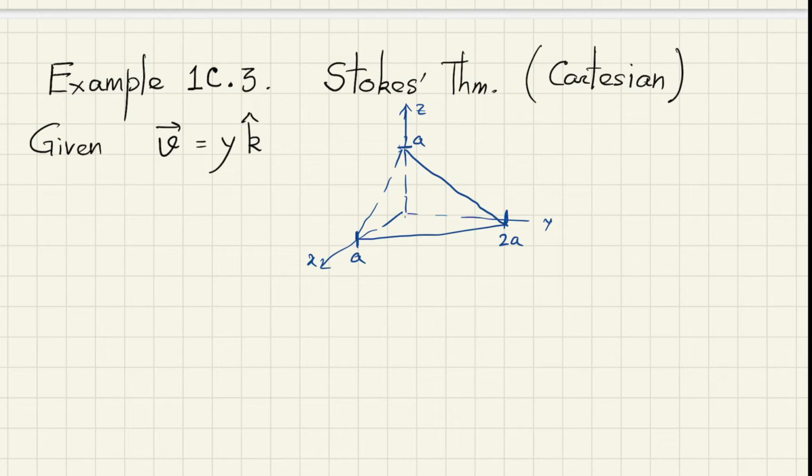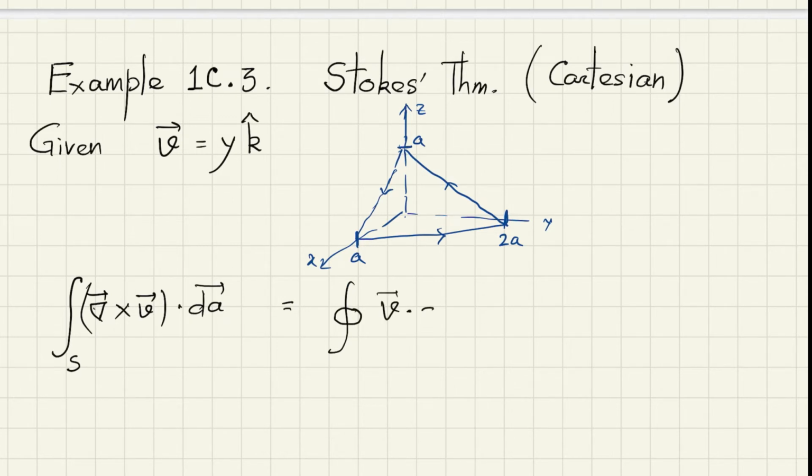So we have to verify Stokes theorem by finding del cross V across this whole surface, and then showing that V dot dl going around this path is the same. The left hand side and right hand side are the same. Let us state it again: del cross V dot dA over the surface S is the left hand side, and the right hand side would be the curve C, V dot dl.